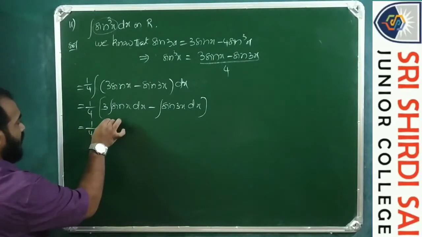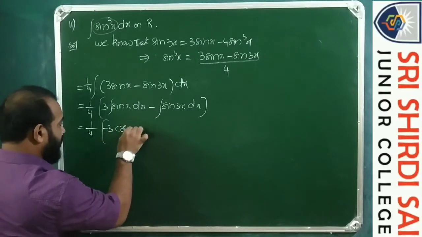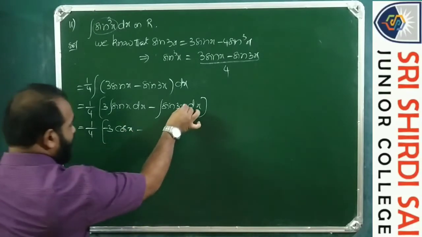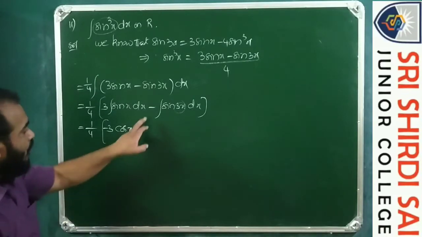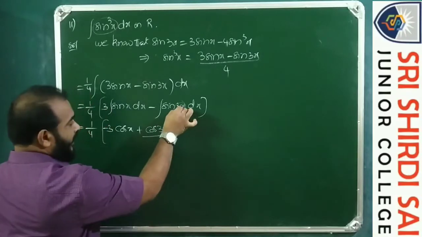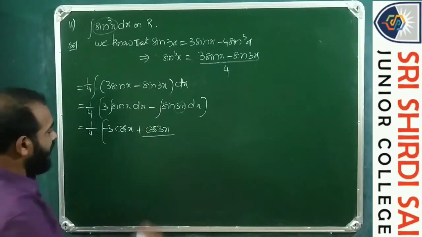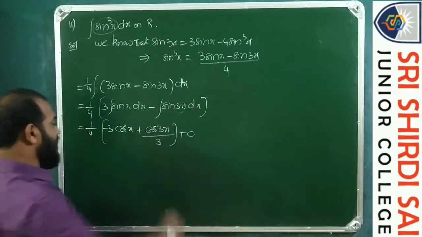1 by 4, 3 into, what is integral sin x dx? Minus cos x, minus, so let us suppose this to be x. Integral sin x is minus cos, so minus of minus is plus, cos 3x by its coefficient we need to divide, plus constant of integration c.